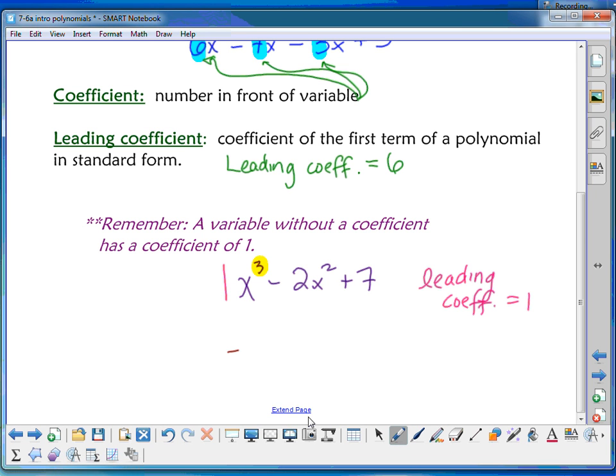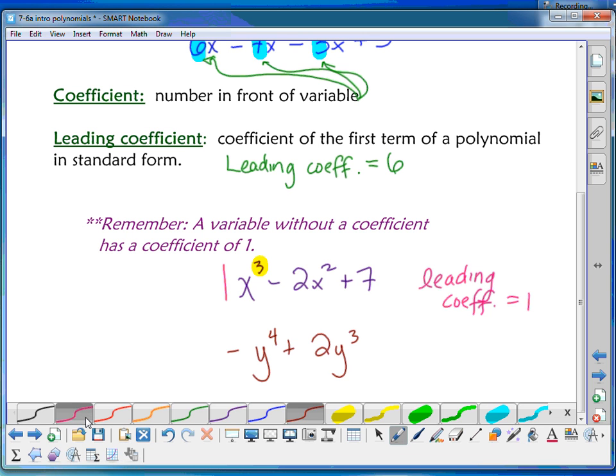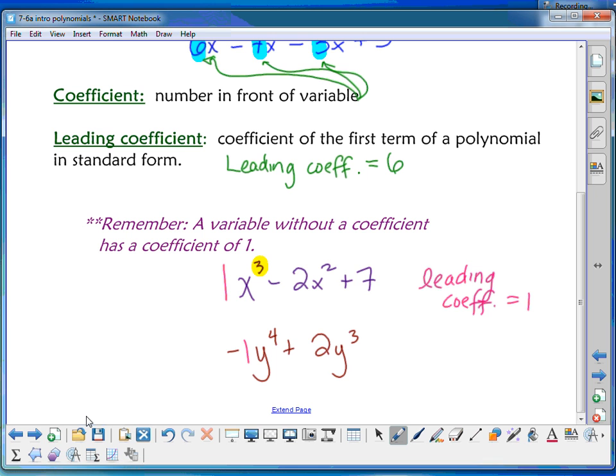What if I have negative y to the 4th plus 2y cubed? What do you guys think about that? What do you think? Yeah, it's a negative 1. Because again, we can assume there's a 1 there. So in that case, the leading coefficient is negative 1.